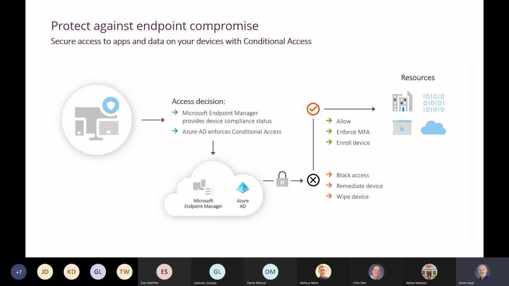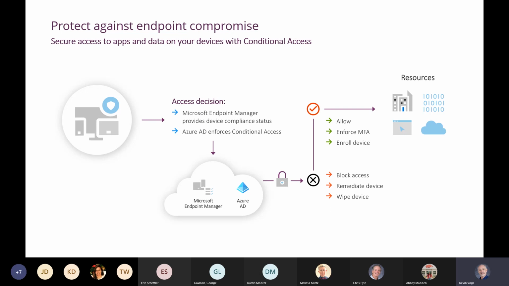So with this, if we take a look at the endpoint and what you can do, access detection using Microsoft Endpoint Manager provides your compliance status. It enforces what Azure Active Directory allows you to do with conditional access. If we take a look at the resources, it will either block access depending upon whether you've met all the criteria that both Endpoint Manager and Azure AD require, or it will allow you to go to the resources that you need.